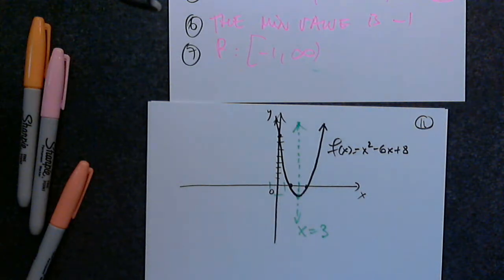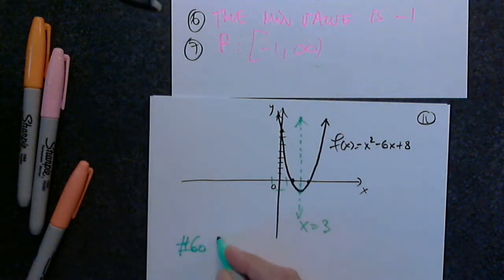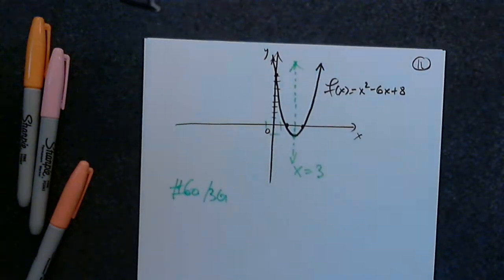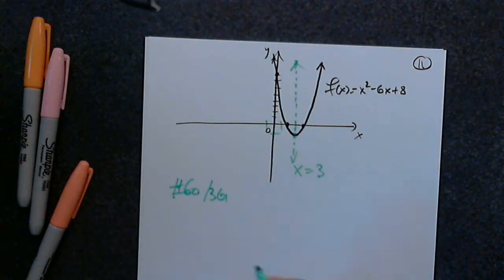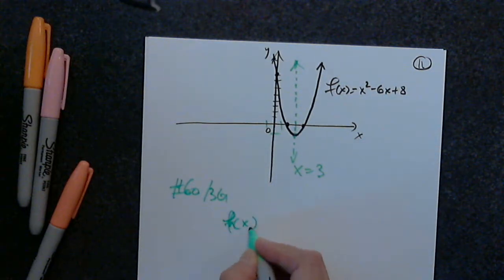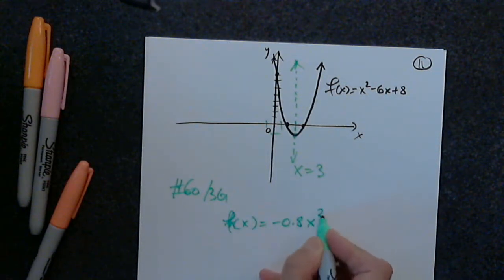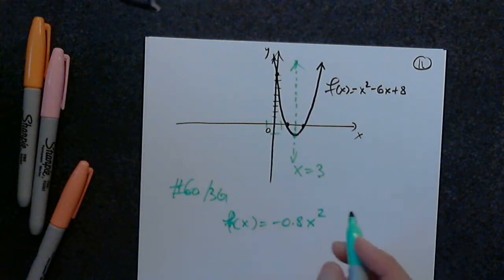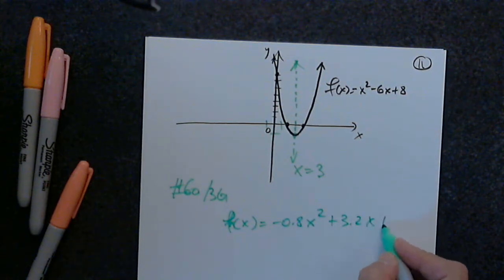This is problem 60 on page 361. We are given f of x as negative 0.8x squared plus 3.2x plus 6.